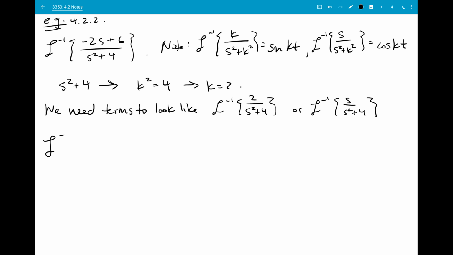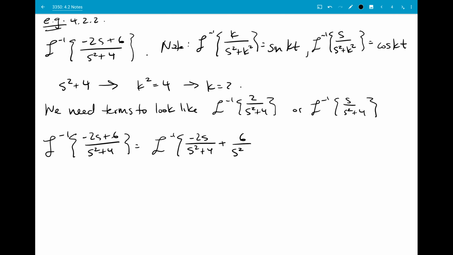So let's go ahead and try to use linearity to make that happen. We've got L inverse of minus 2s plus 6 over s squared plus 4. So that's going to be L inverse of minus 2s over s squared plus 4 plus 6 over s squared plus 4. You can always break apart things that are on top of a fraction that way.